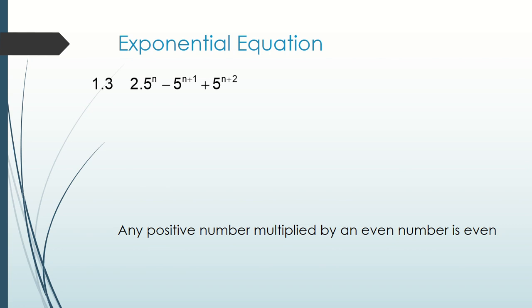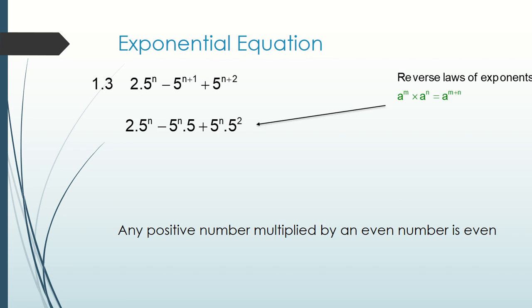So for this exponential question, just forget the bottom part for now. You have this expression: 2 times 5 to the power n minus 5 to the power n plus 1 plus 5 to the power n plus 2. We reverse the laws. Once we've reversed the laws, we can think about a common factor, which is 5 to the power n.